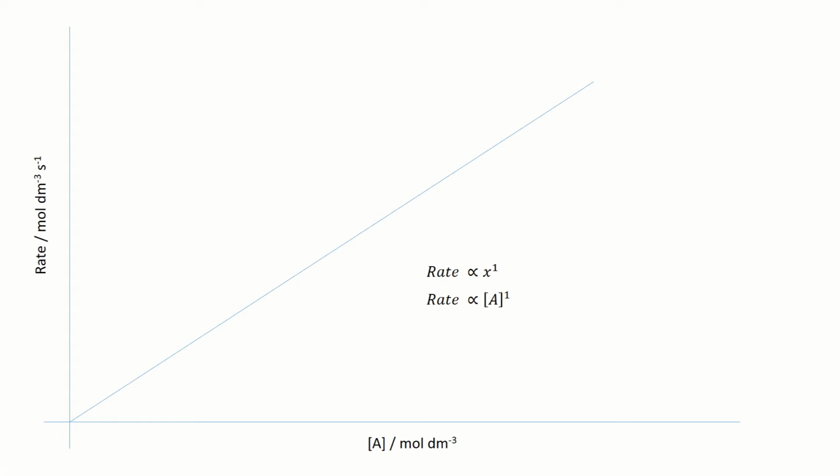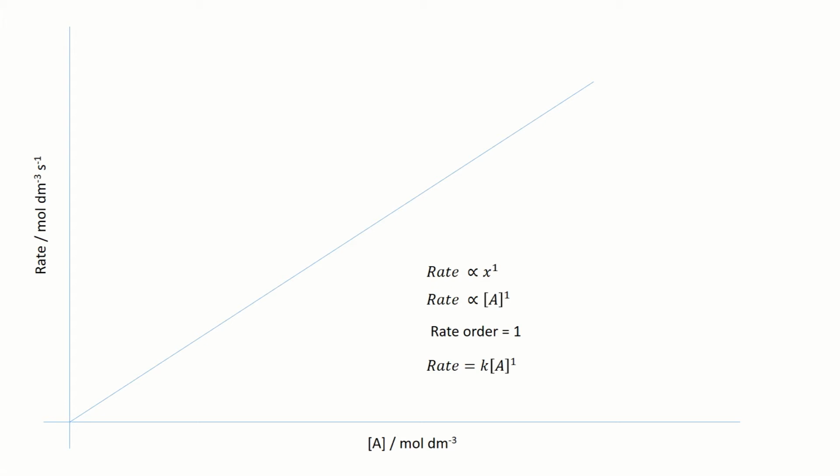So there is no need to worry about the plus c. We just have y equals mx, and we can write that as rate equals the gradient multiplied by the concentration, and that gradient we call the rate constant. We say that this is an order of 1 because we have our concentration raised to the power of 1, and the gradient of this line is the rate constant K.